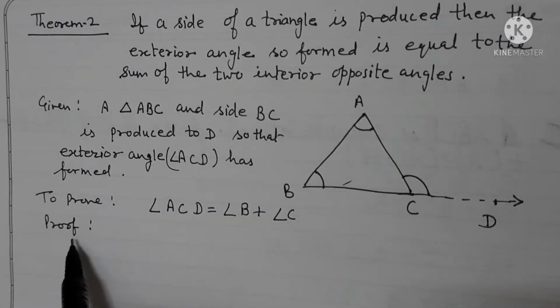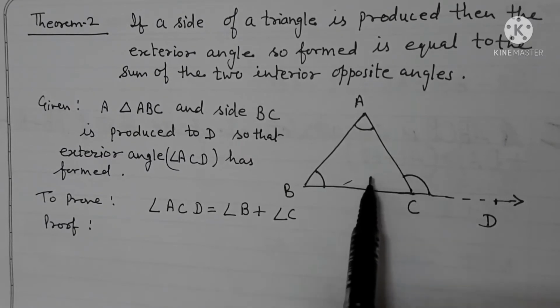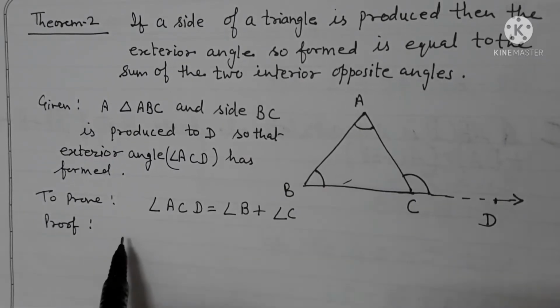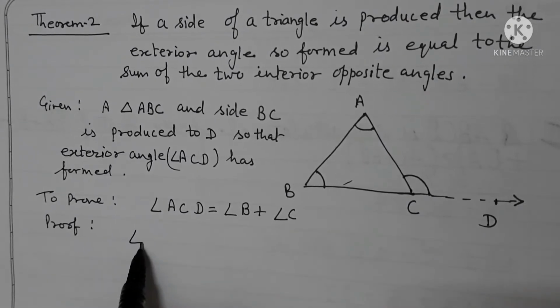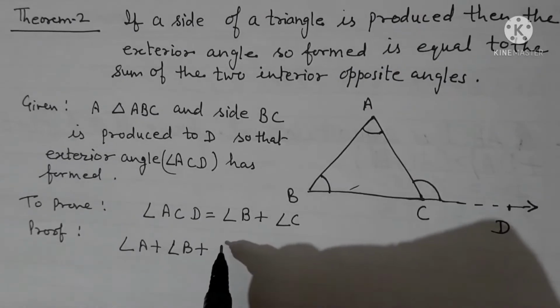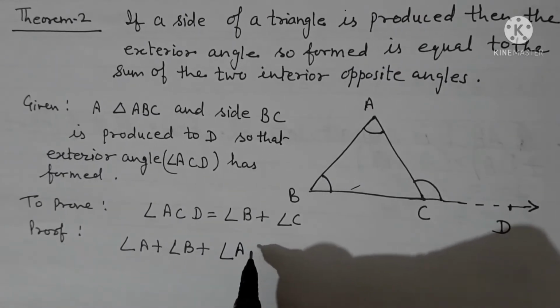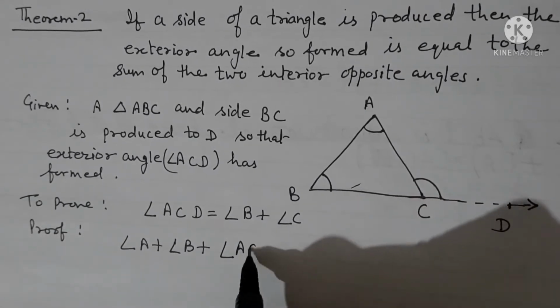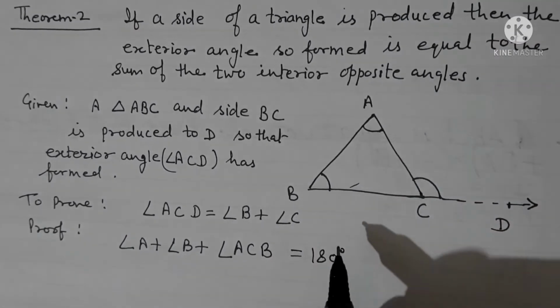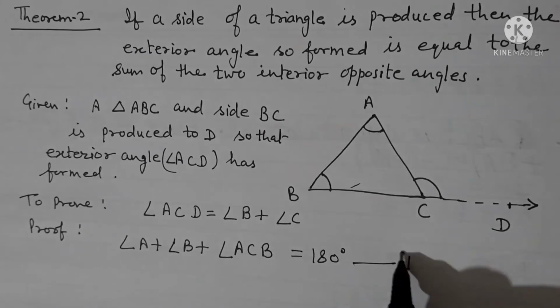Now for proof, we will take the sum of angles will be 180 degrees in a triangle. So angle A plus angle B plus angle ACB is equal to 180 degrees, and this is 1.